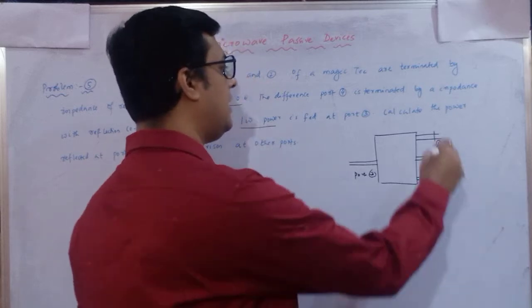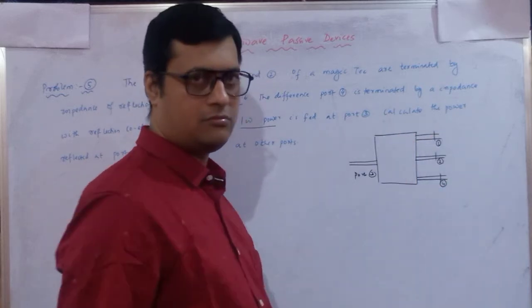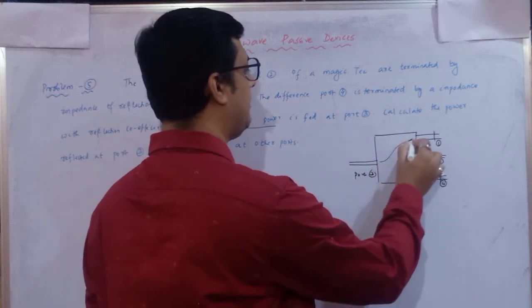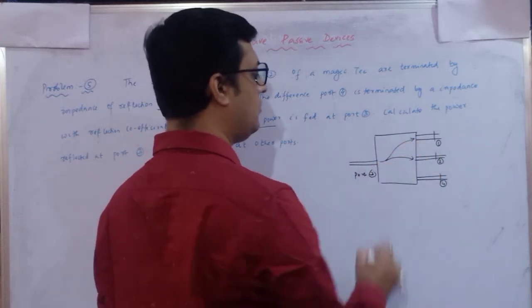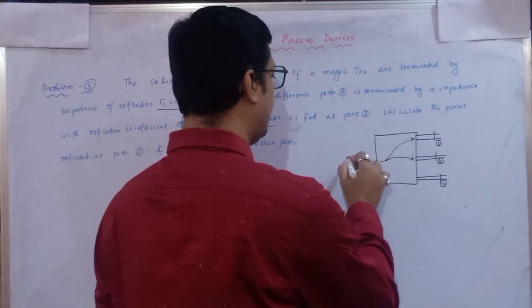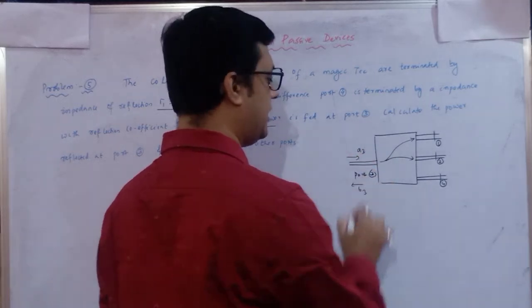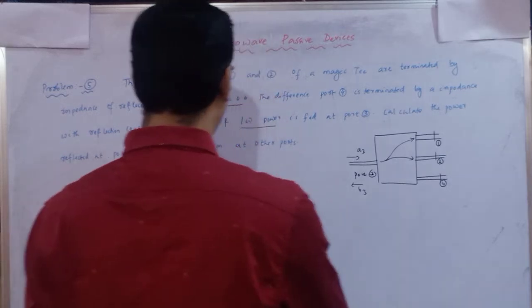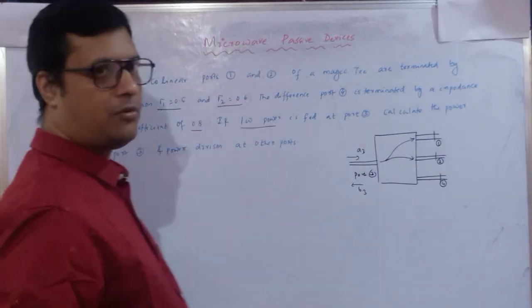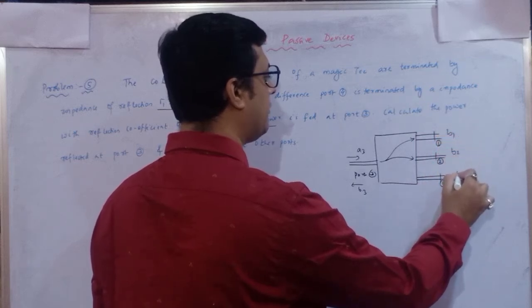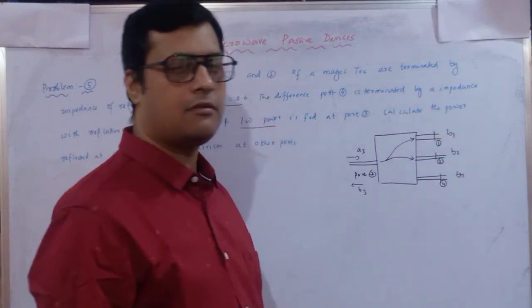The power is only available at port 1 and port 2. So power is related with respect to 1 and with respect to 2. Here the incident is A3 and the reflected is B3. We have to calculate the power division in other ports, so we have to calculate B1, B2 and B4.